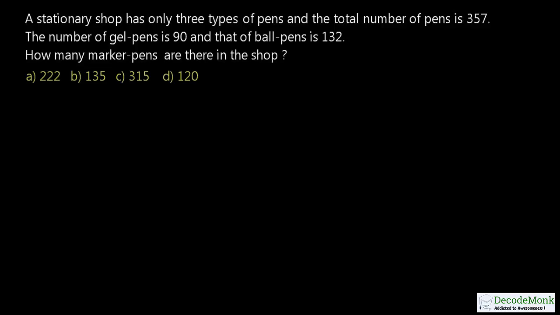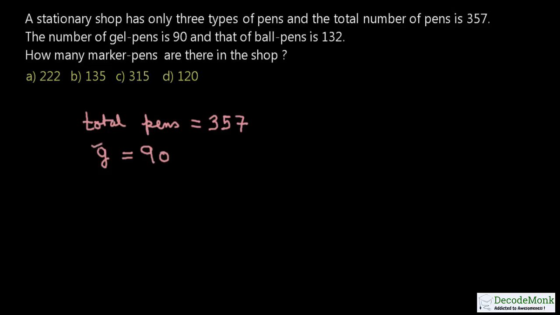So as you read the question, a stationery shop has only 3 types of pens, and the total number of pens is equal to 357. It is given the number of gel pens is equal to 90.